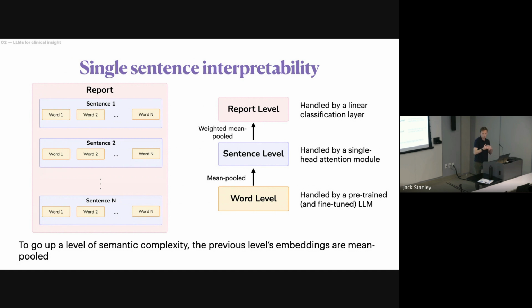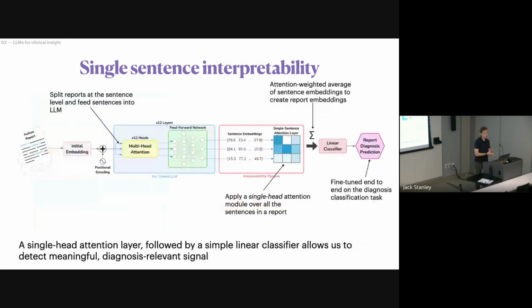And then based on this single-head attention module, we produced a weighted mean pooled report embedding. And this finally could be handled by a very simple linear classification layer in order to predict the diagnosis. So essentially, to go up each level of semantic complexity, we just mean pool the previous layer's embeddings. And these are, of course, trained end-to-end to instill within them some diagnosis-relevant information.